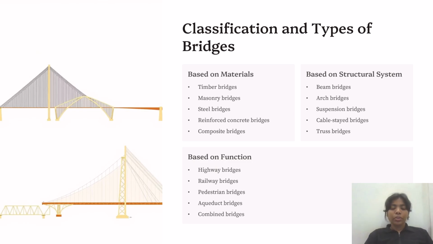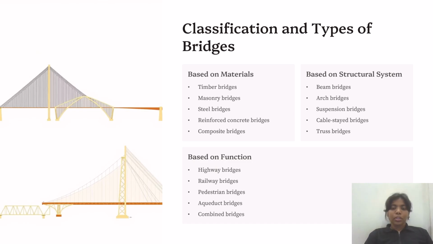Now I am going to explain about the suspension bridges. These bridges have decks suspended from massive cables that run between tall towers and are anchored at the ends. Suspension bridges are ideal for very long spans over 500 meters, as the cables are strong in tension.